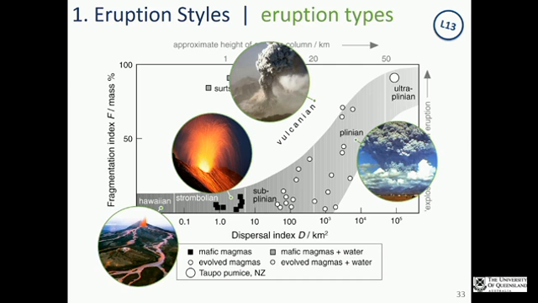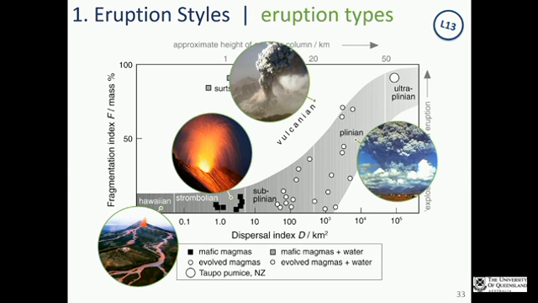And so we've been looking at generating melts from the mantle and then differentiating them. And as we differentiate them, we are changing the silica content. As a result, if we are increasing the silica content, we are increasing the viscosity and therefore the gas saturation. And if we do that, we might end up with an explosive eruption.